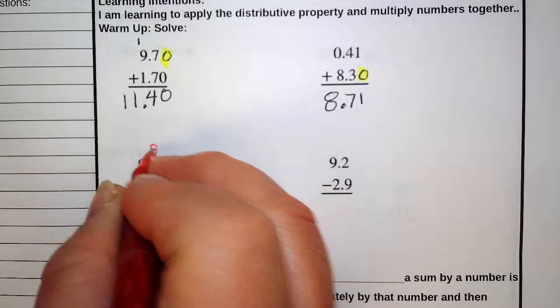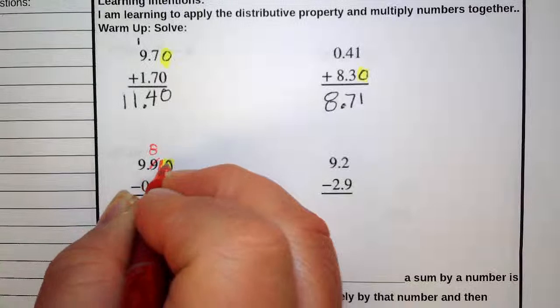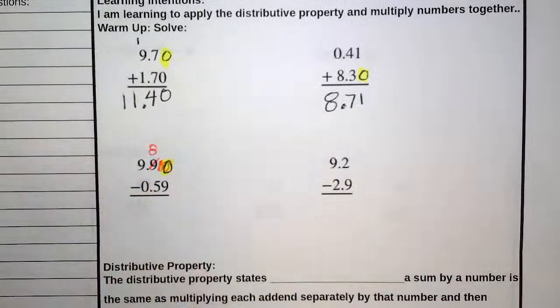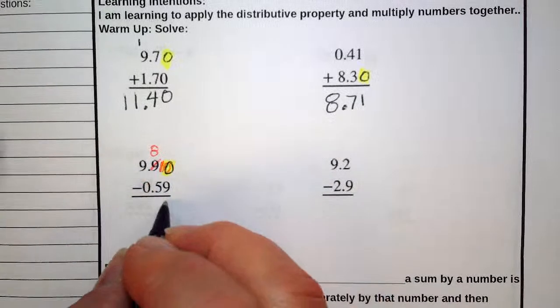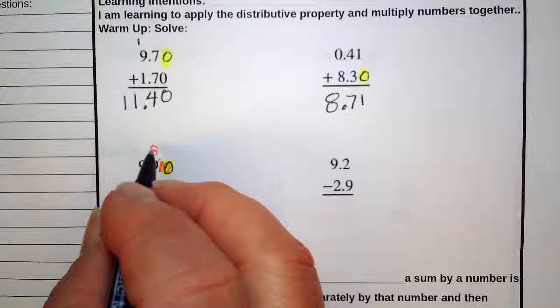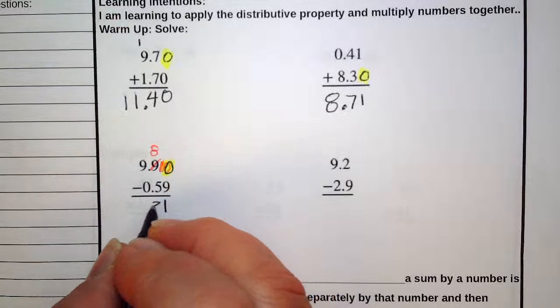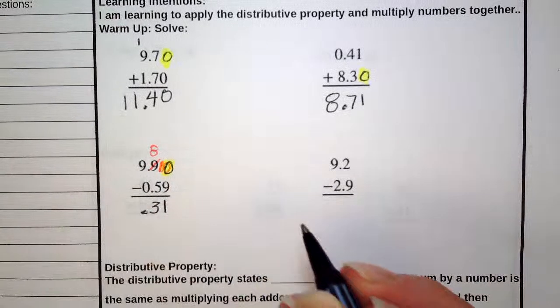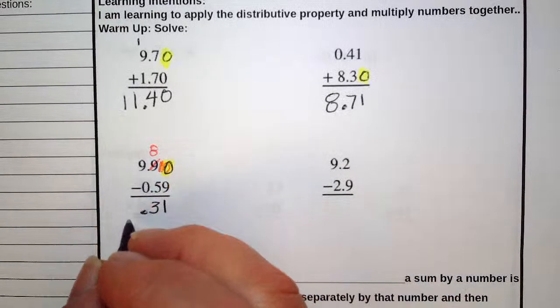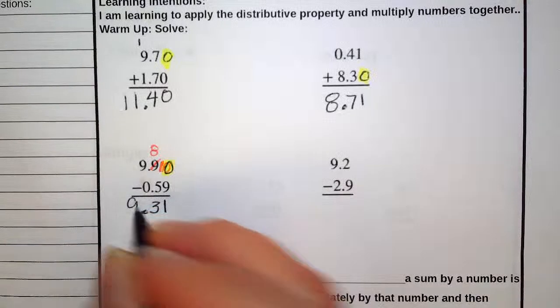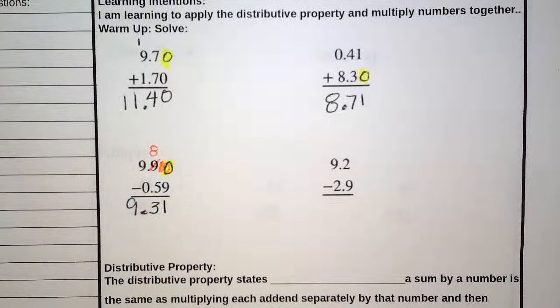So this becomes 8. I bring the 1 over here, and this is now 10. 10 minus 9 is 1. 8 minus 5 is 3. Bring your decimal down. 9 minus 0 is 9. 9 and 90 hundredths minus 59 hundredths is 9 and 31 hundredths.